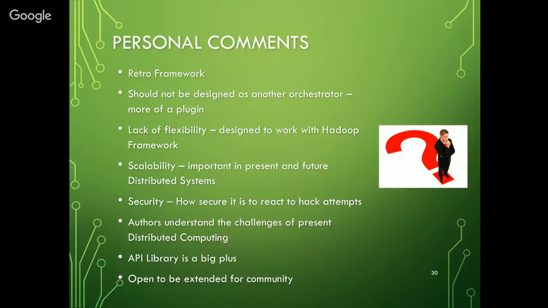The authors in the paper understand the challenges of present distributed computing, and I believe this is very important because they really understand what's going on with the challenges. That's why they were able to list the motivations, right? Multi-tenant systems. This is huge, I think, in future cloud systems. The API library is a big plus in my opinion because a lot of developers really work off of API libraries.